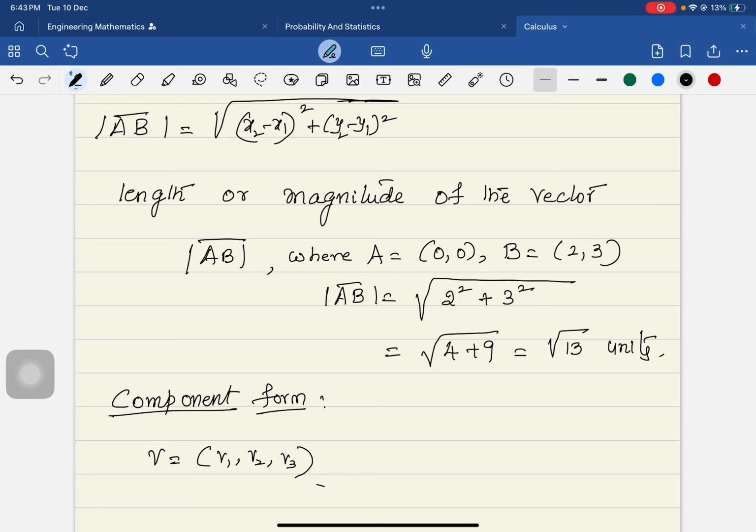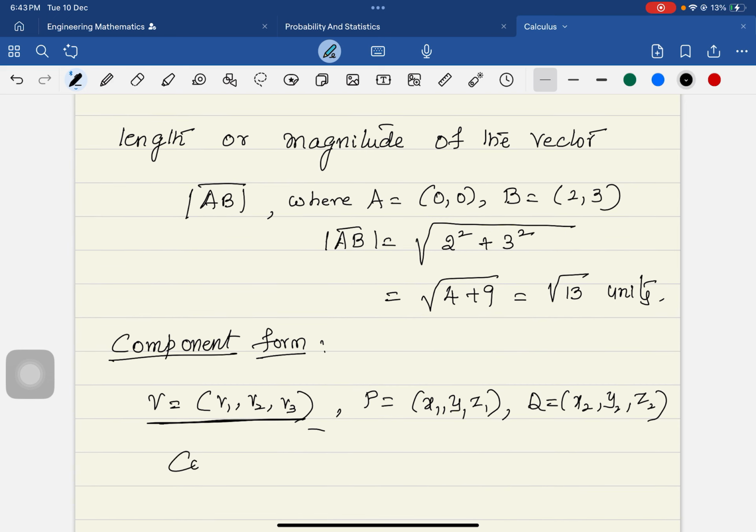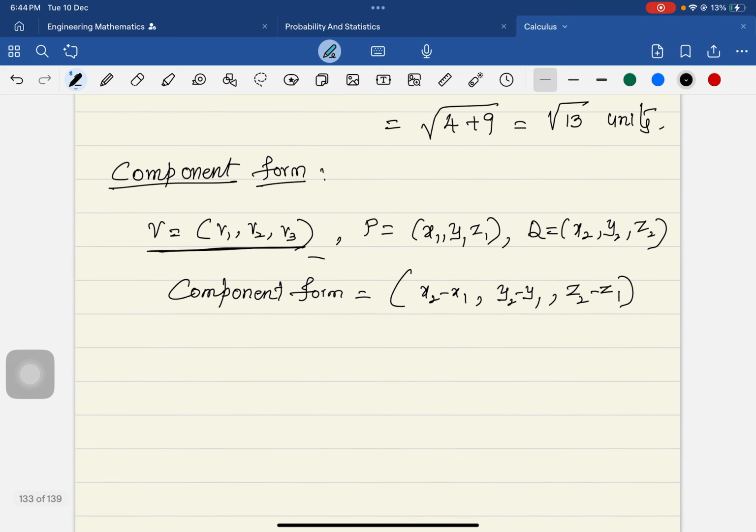Then we say that it is the component form of the vector v. Now, as I told you, P is x1, y1, z1 and Q is x2, y2, z2, suppose. Then the component form of PQ is given by x2 minus x1, comma y2 minus y1, comma z2 minus z1. This is the component form.